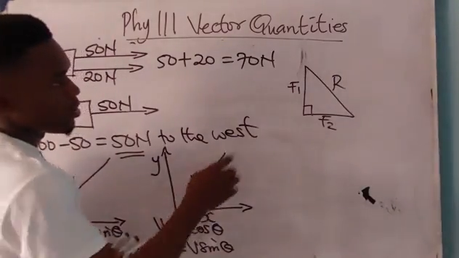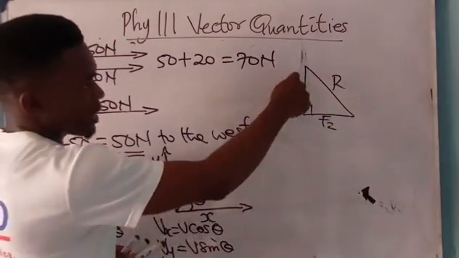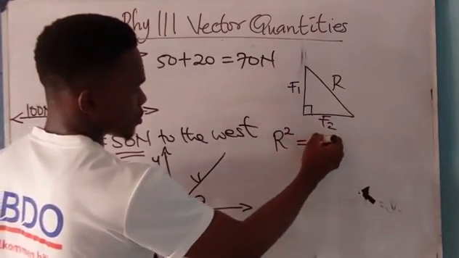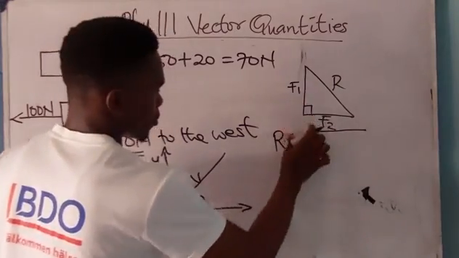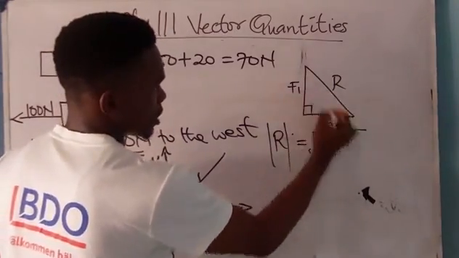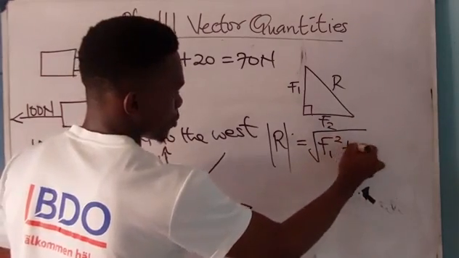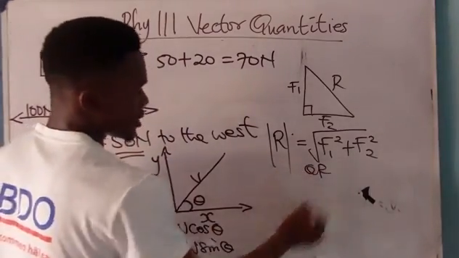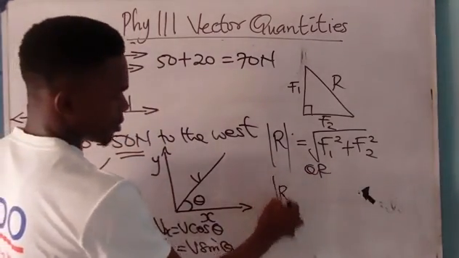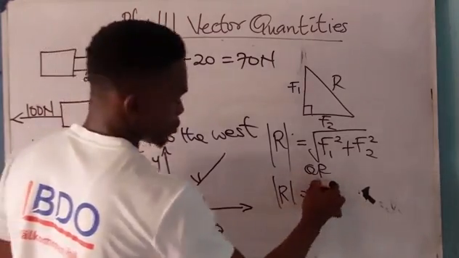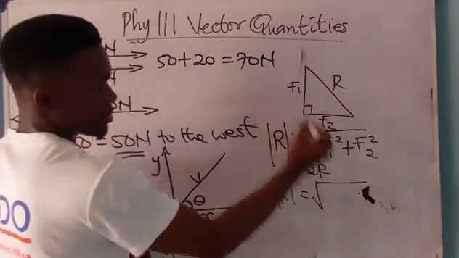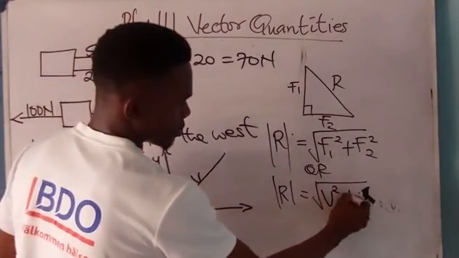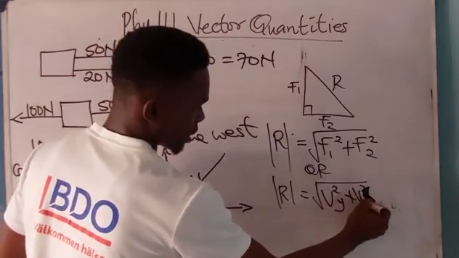The resultant of these two forces becomes R squared equals F1 squared plus F2 squared. Or I can say, the square root of velocity squared to the y region plus velocity squared to the x region.